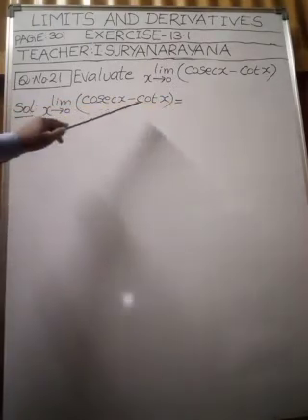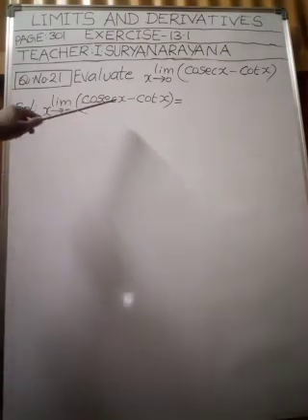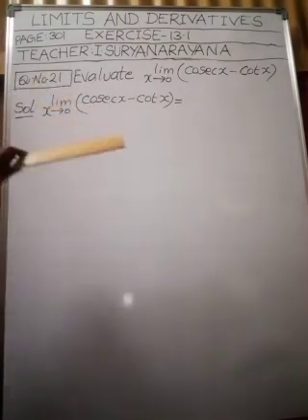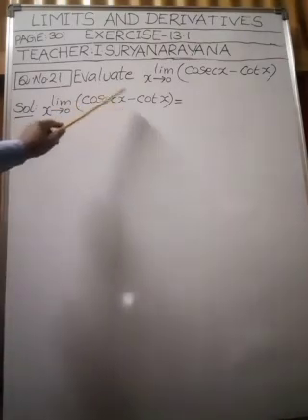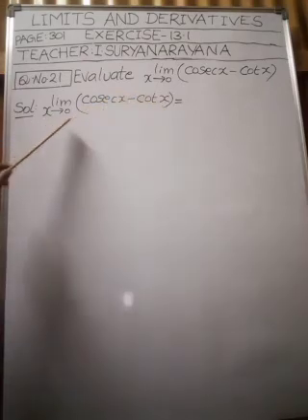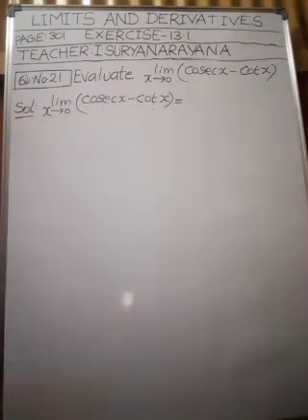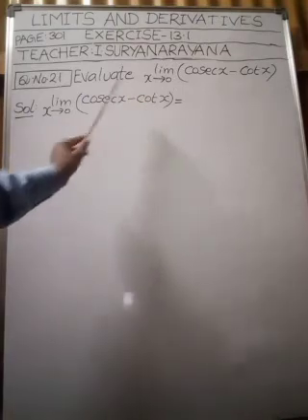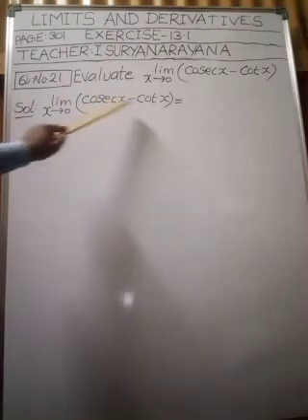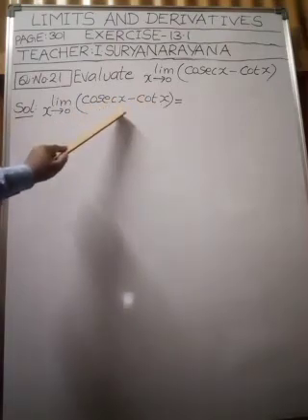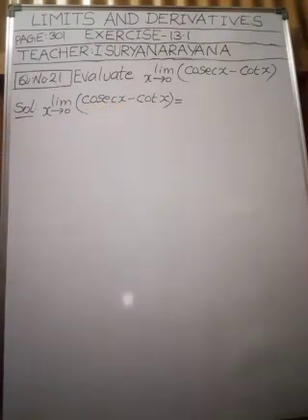Here, if you substitute directly x is equal to 0, means if you apply the substitution method, we get cosecant 0, infinity, minus cot 0, infinity. We get infinity minus infinity. Understood, my dear children? In the substitution method, we get infinity minus infinity, which is also an indeterminate form.